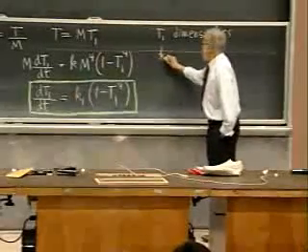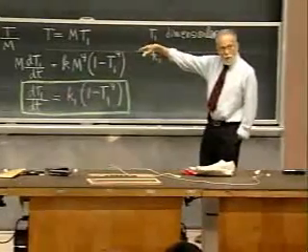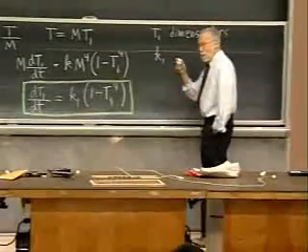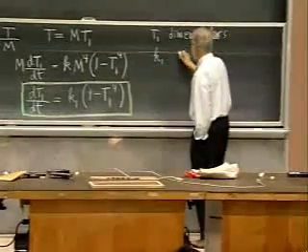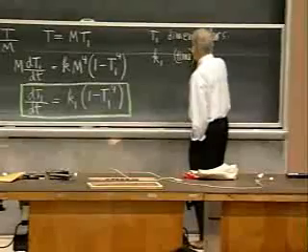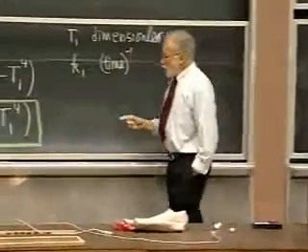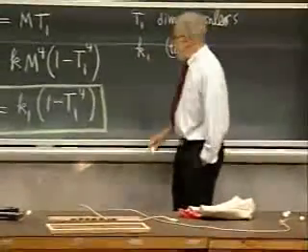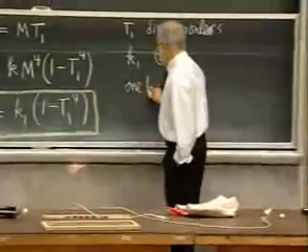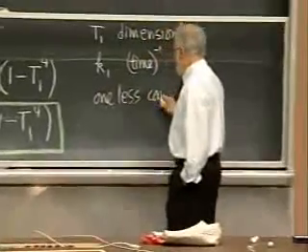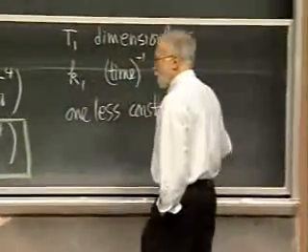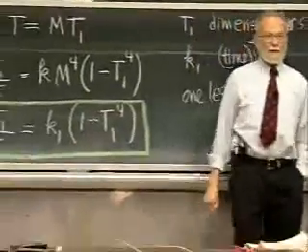So k1, whereas it had units involving both degrees and seconds before, now has inverse time as its units. And moreover, there's one less constant in the equation. It just looks better, in short.